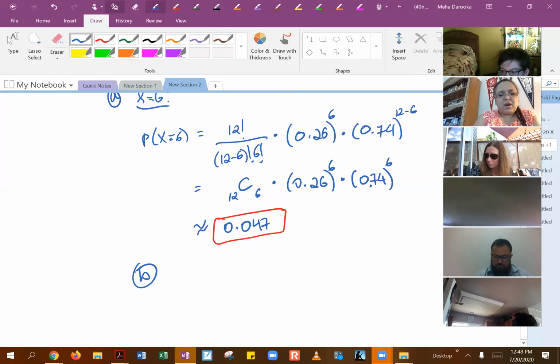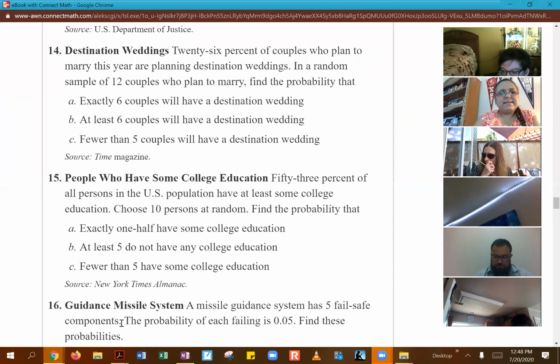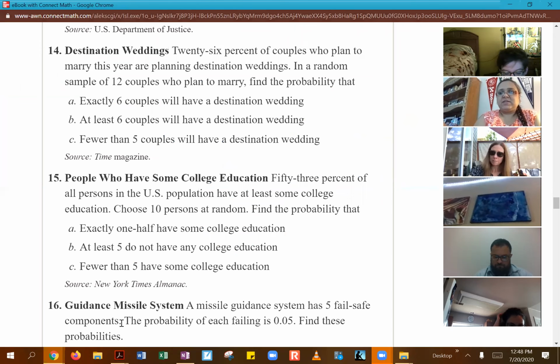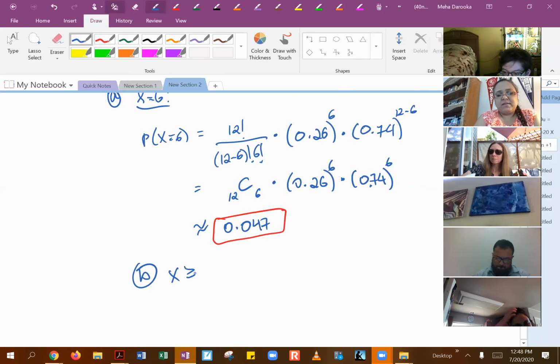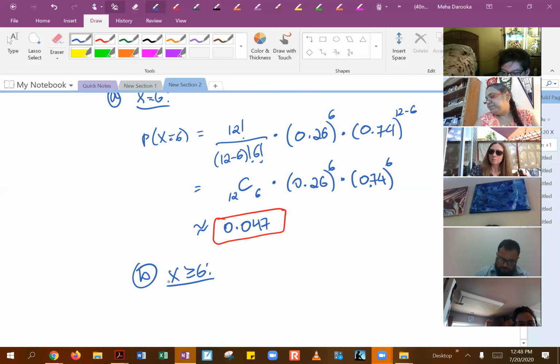Okay, let's see. Part B in this question was asking us at least 6 couples will have a destination wedding. So at least 6 couples. So that means, of course, we are saying X is going to be greater than or equal to 6. So this technically means you're looking at 6, 7, 8, 9, 10, 11, 12, right? Each one of those individually.